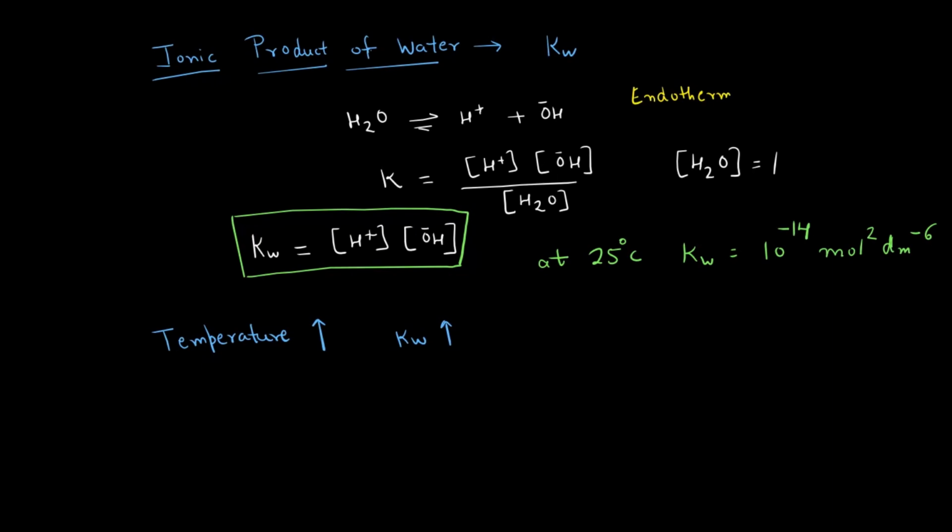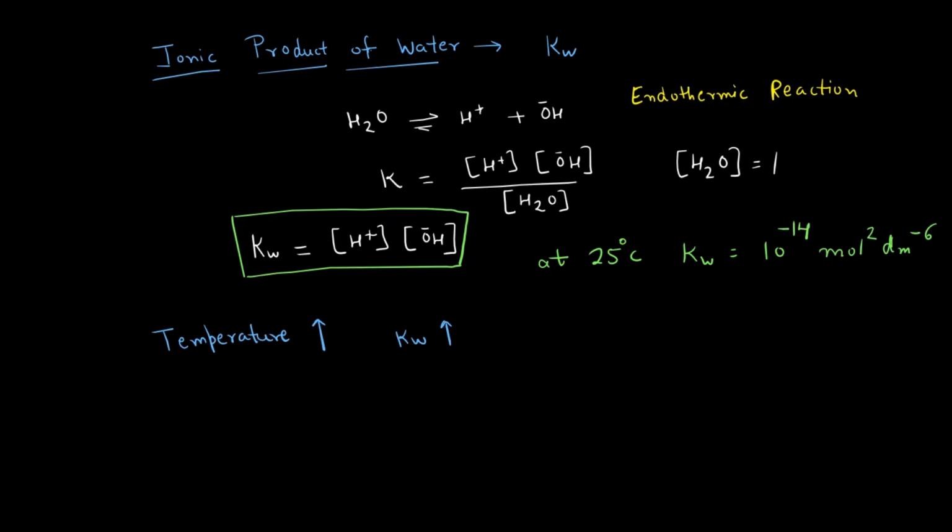What does endothermic reaction mean? It means that this reaction requires heat, or it takes up heat to move forward. So if we increase the temperature, we are giving more heat to this reaction, so the reaction will move forward and we will have more H+ and OH- ion concentration.